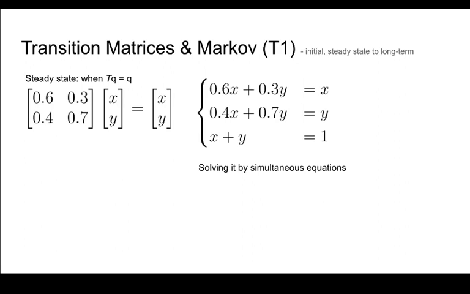For example, for the first equation, you have 0.6x plus 0.3y equals x. That means you have to move x to the other side, so that becomes 0.6x minus 1x plus 0.3y, which is minus 0.4x plus 0.3y. So what you input is minus 0.4, 0.3, 0, and then 1, 1, 1. That's how you're going to find it.